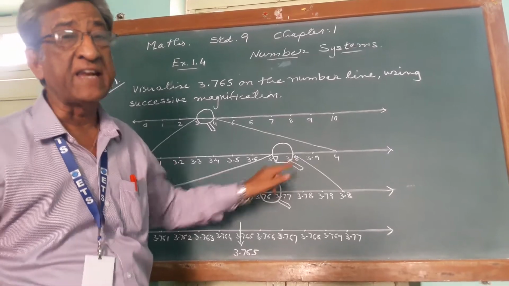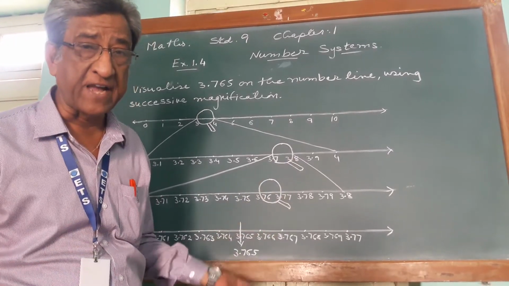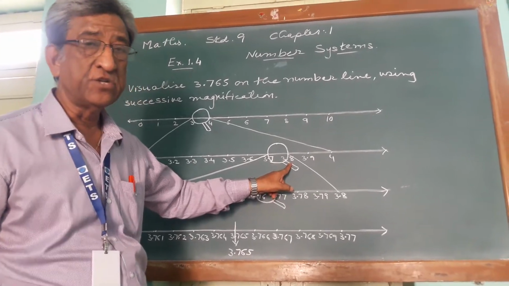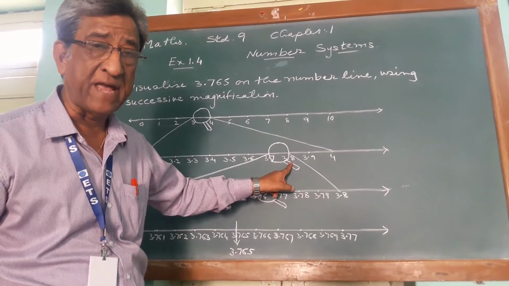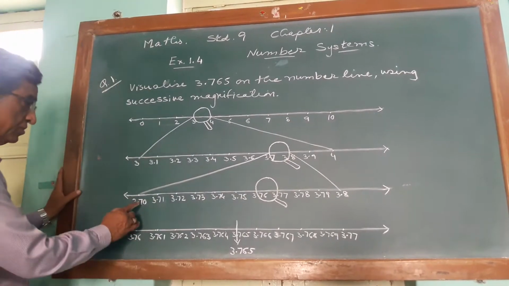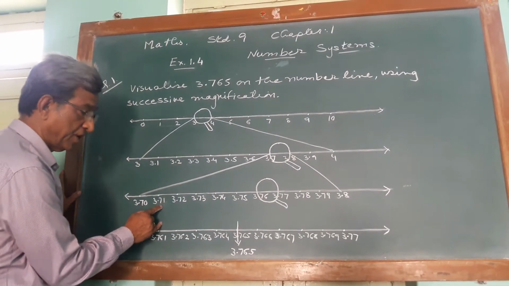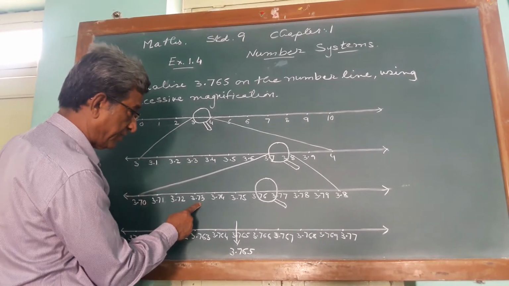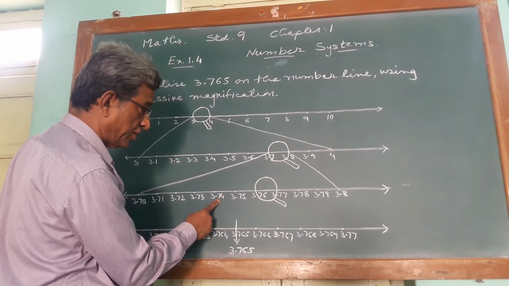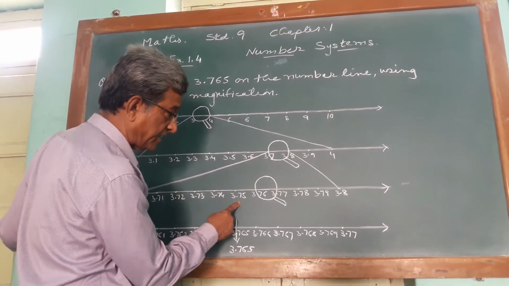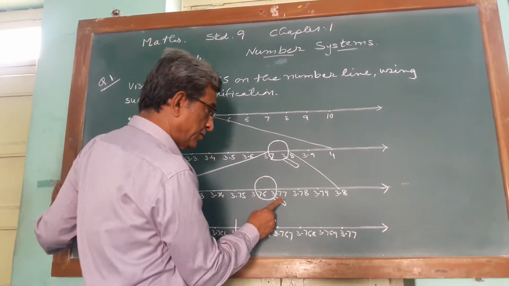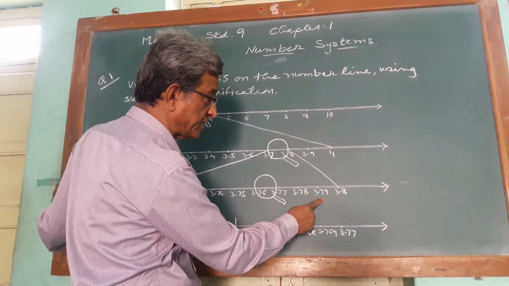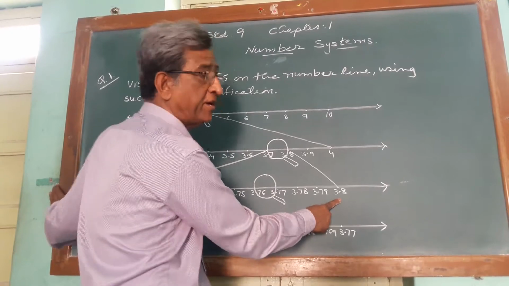Now magnify 3.7 to 3.8 like this: 3.7, 3.71, 3.72, 3.73, 3.74, 3.75, 3.76, 3.77, 3.78, 3.79, 3.8.